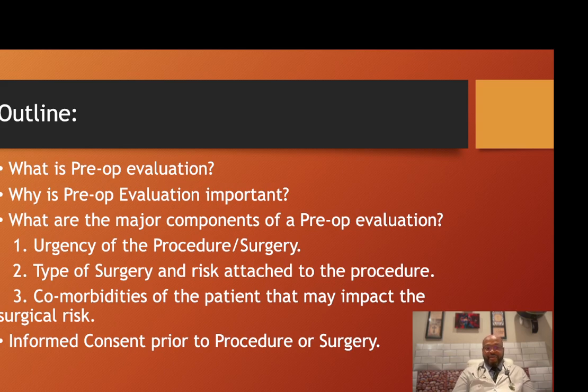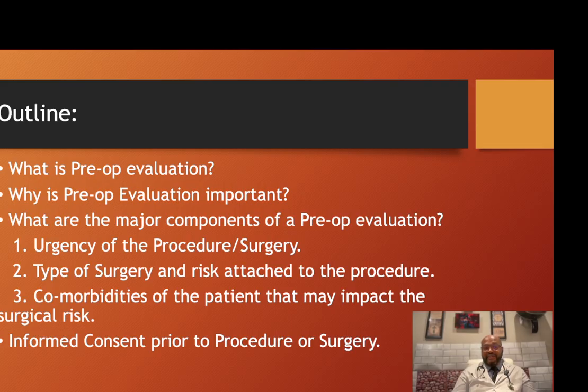So first of all, I'm going to discuss what a pre-op evaluation is, why pre-op evaluations are important, and what the major components of a pre-op evaluation are, which would include the urgency of the procedure or the surgery, the type of surgery, and the risk attached to that particular procedure, and the patient's comorbidities that will impact their surgical risks.